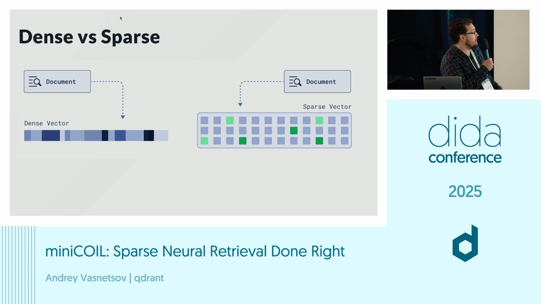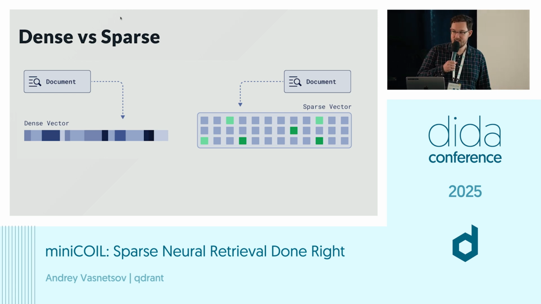The first one is traditional dense embeddings. It's something you are probably familiar with. Please raise your hand if you are familiar with dense embeddings. Oh yeah, good. Then I can skip next 10 slides. And the second option is so-called sparse embeddings, and this will be our focus today. So we are going to talk mainly about sparse embeddings.